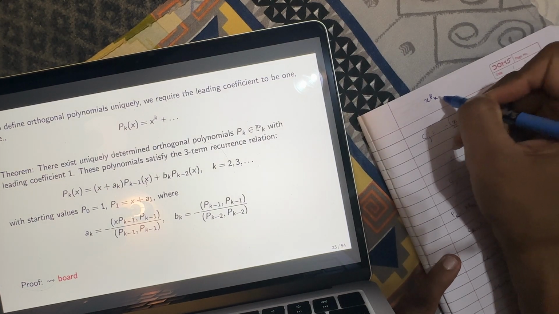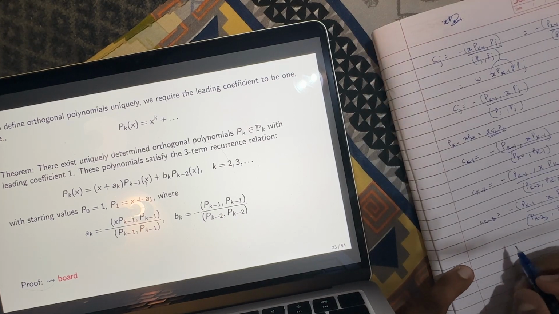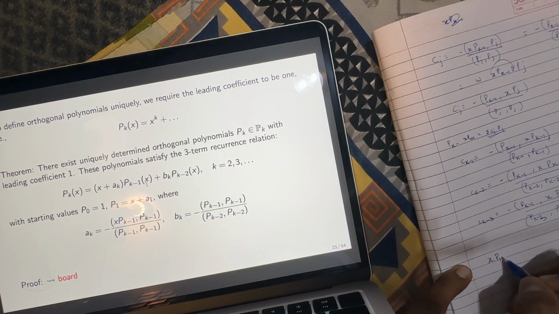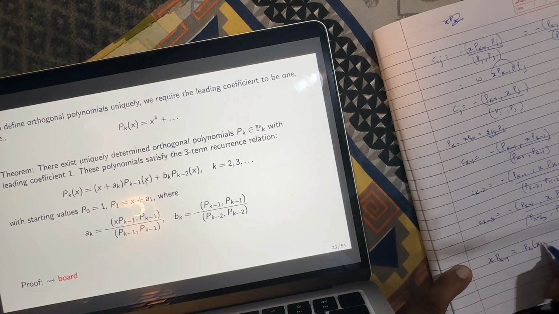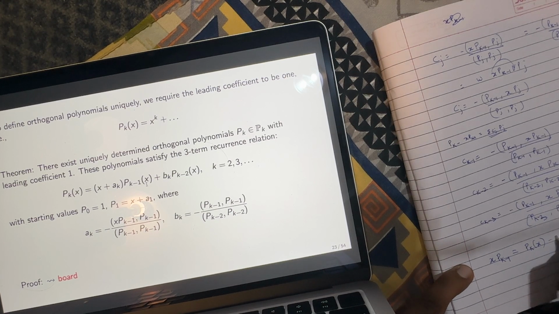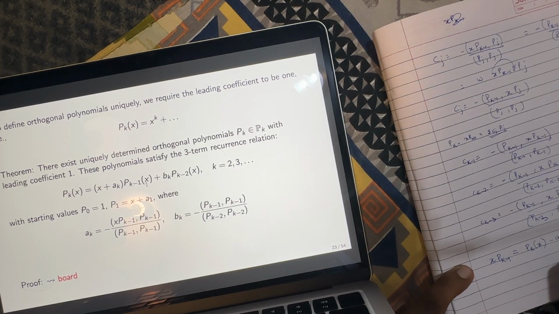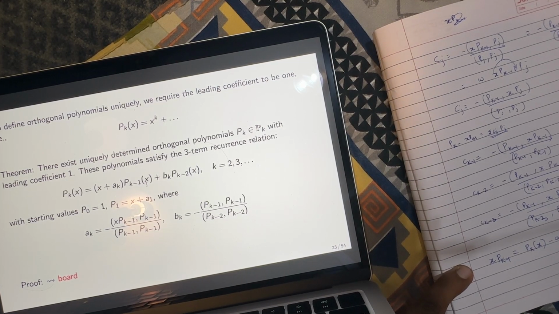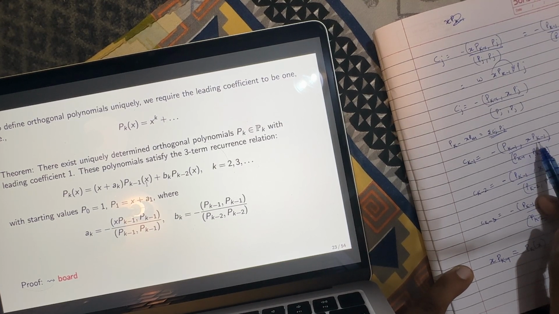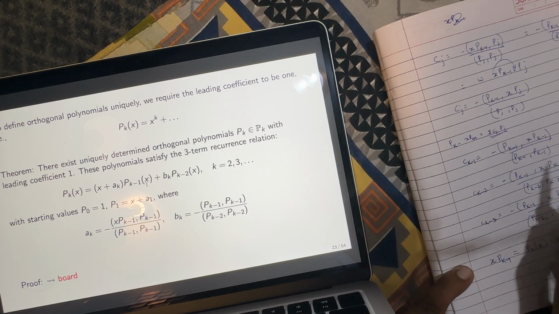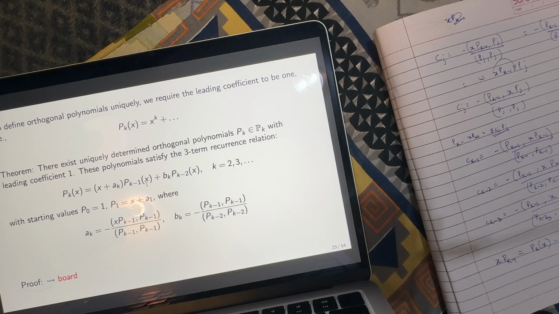What is x times Pk minus 1? x times Pk minus 1 is Pk minus ak Pk minus 1 minus bk Pk minus 2. So if I put x Pk minus 1 here, I'm going to get Pk.